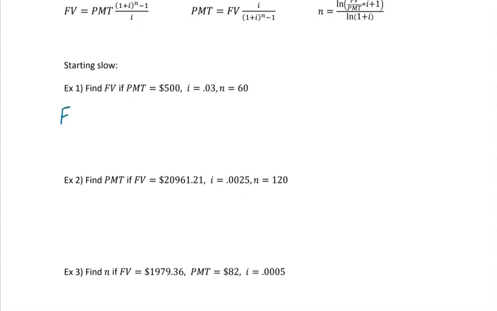So we have FV equals PMT, which is 500, and then 1 plus I, which is 0.03, raised to the N, which is 60, minus 1, all over I, which is 0.03. Luckily, at this point, you get to just plug this straight into your calculator.